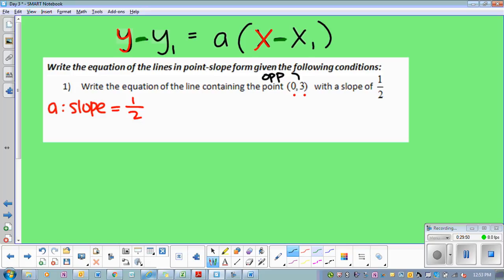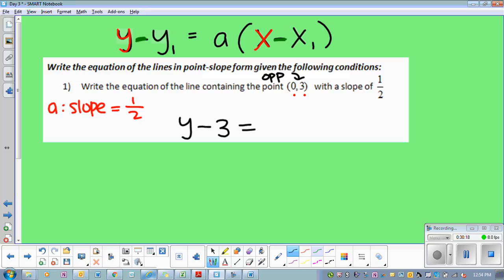Okay? Because it has a negative in front. So when I go to plug this in, I would say y minus, what's the y number that they gave you? 3. You see how you had a positive 3, but when I plugged it in, it became a minus 3? That's what I mean by the opposite. But you know that the standard is y minus and x minus. Does that make sense? Okay.